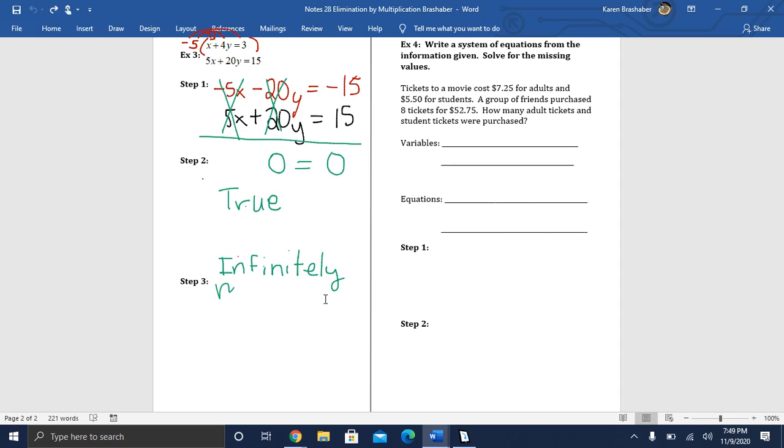If we were graphing this, the graph would end up being the same line. They would intersect at every point. If we would have gotten a false statement, then instead of infinitely many solutions, the answer would have been no solution. All right, and so that's example 3, and we're ready to move on to our example 4.